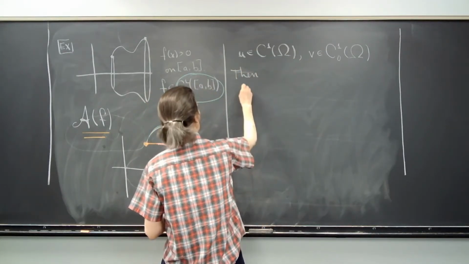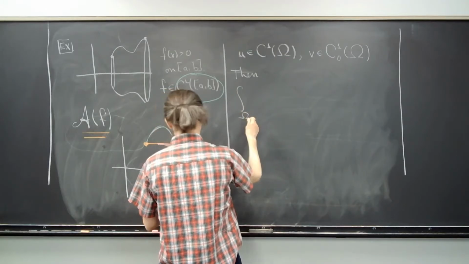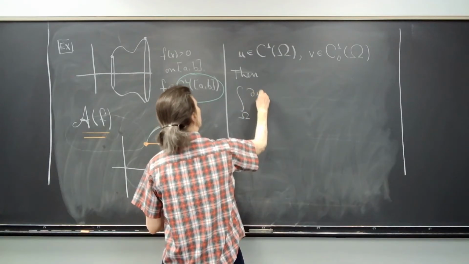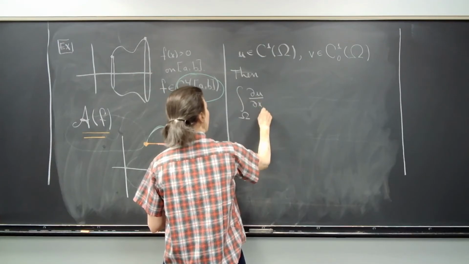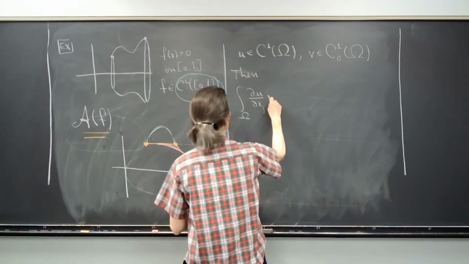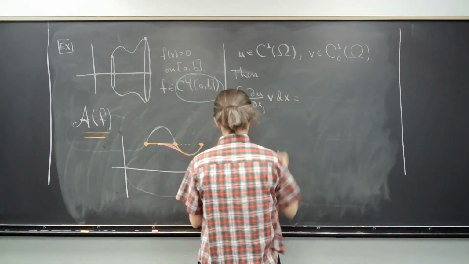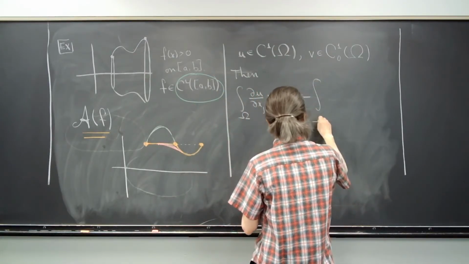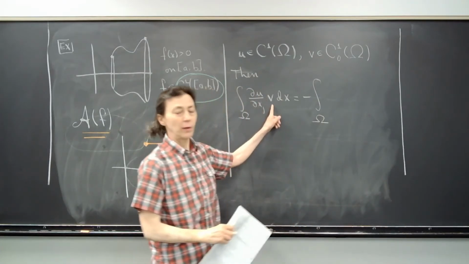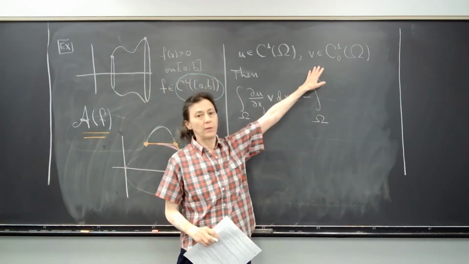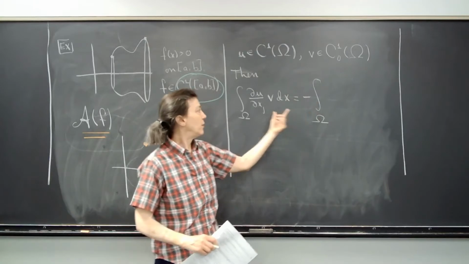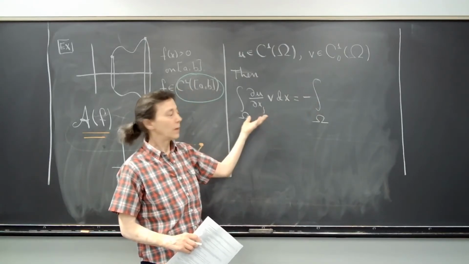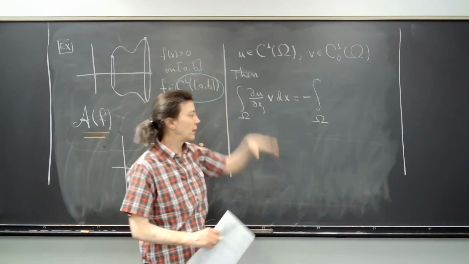Then notice this. Do your integration by parts. So you're looking at the jth partial derivative. We used this in the last example. In integrating by parts, it's the fact that V is 0 at the boundary that means that you don't pick up any boundary terms.